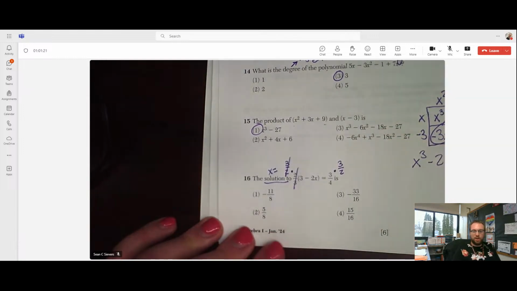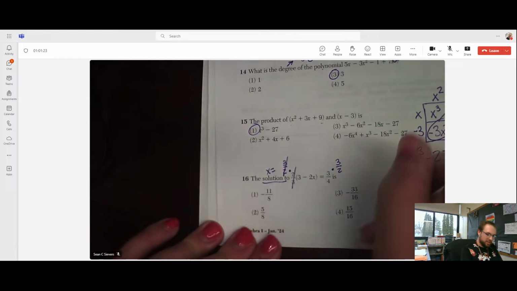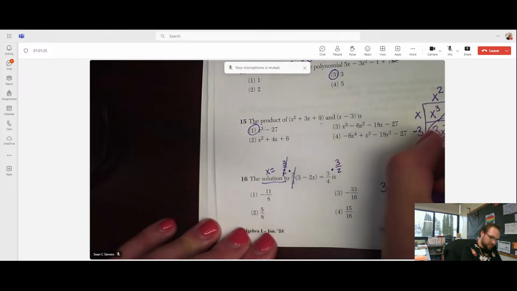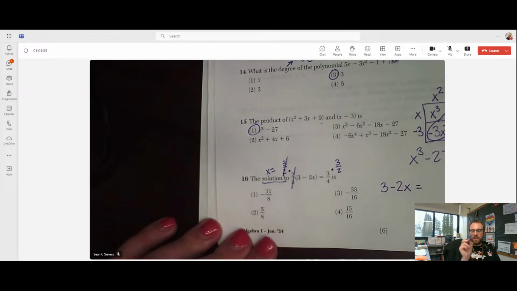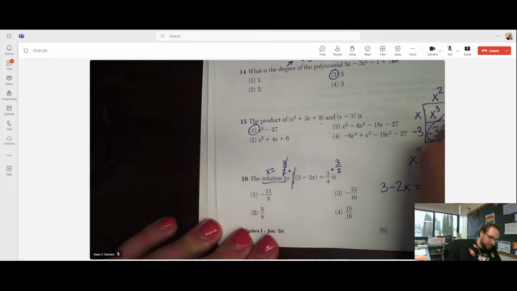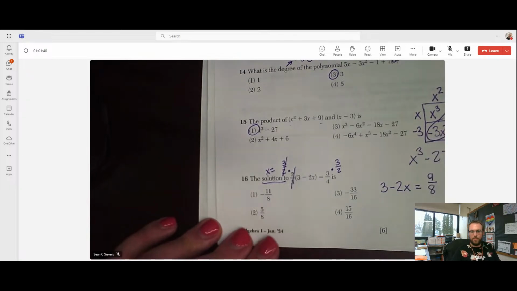3/2 and 2/3 are going to cancel out on the left, so that I'm left with 3 minus 2x equals, and when we multiply fractions, we just multiply straight across. So 3 times 3 is 9, and 4 times 2 is 8.